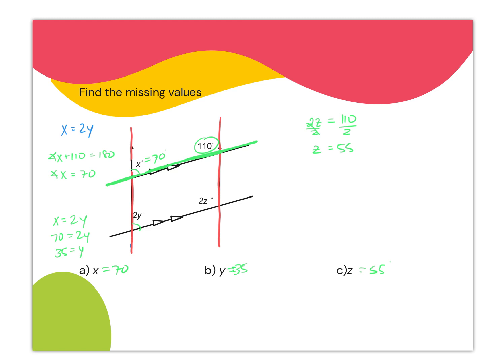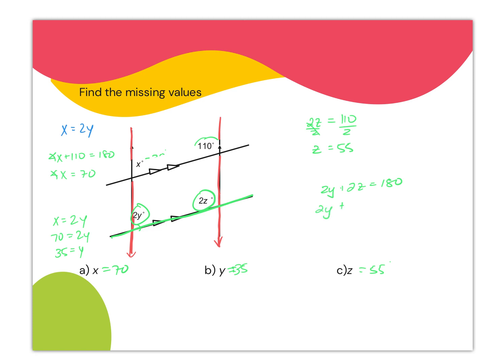Now, the other relationship I could have used if I wanted to keep using these parallel lines here and this transversal, right? I recognize that 2y and 2z are also same side interiors. These would be same side interior. And so I know that 2y plus 2z must equal 180 degrees.